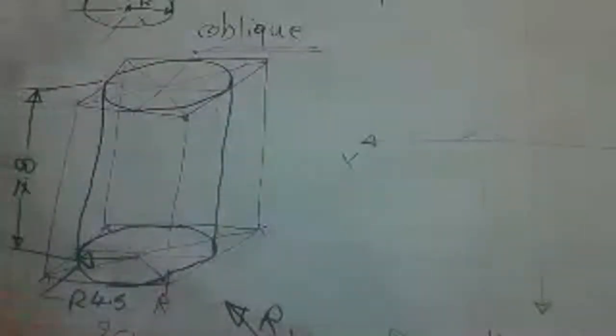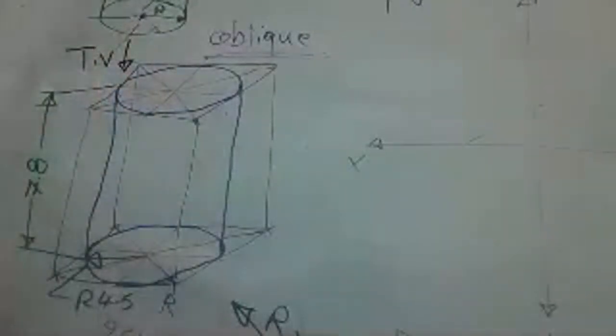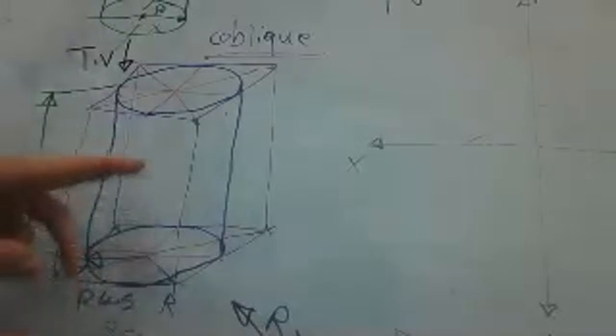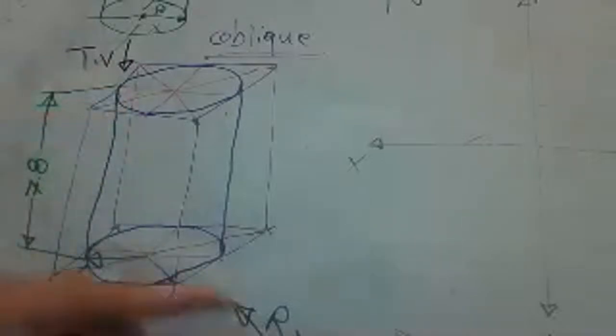And this is the direction of front view, and this is the direction of top view. So we can judge what is the shape of the projection of the cylinder from front view and right view.